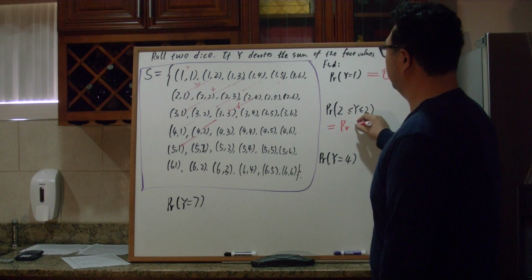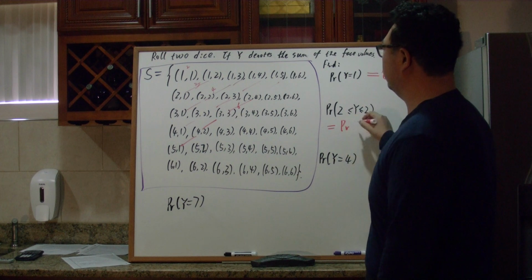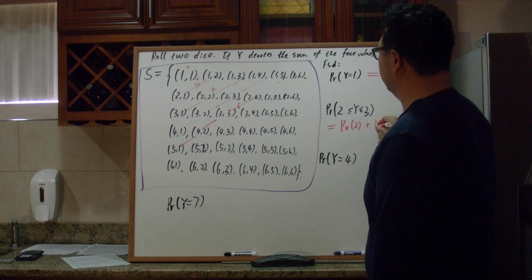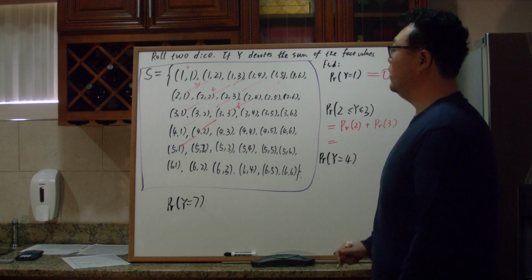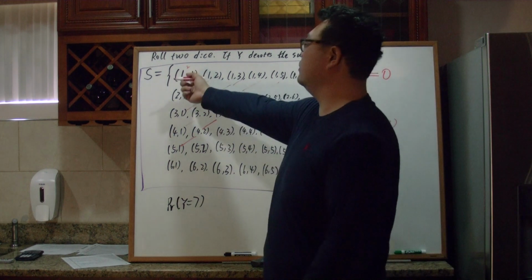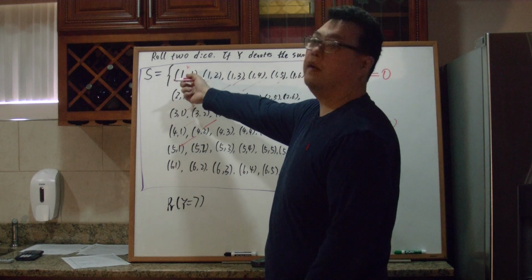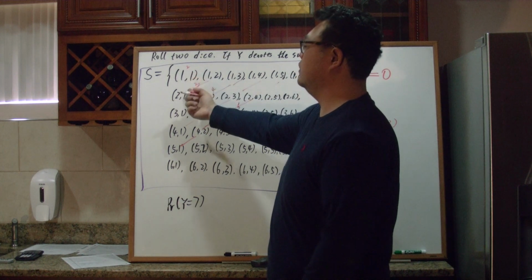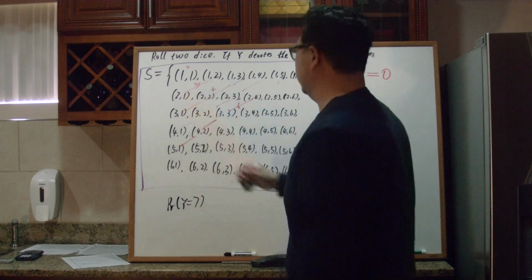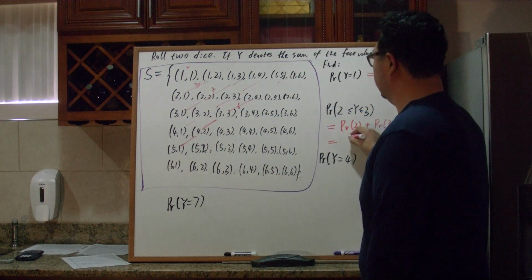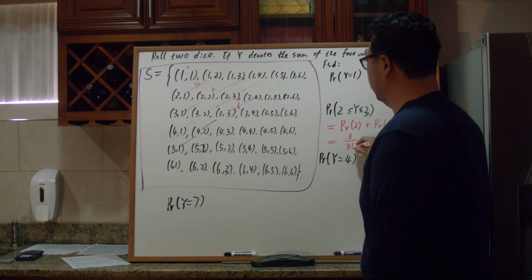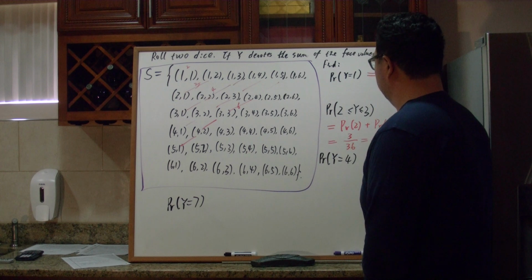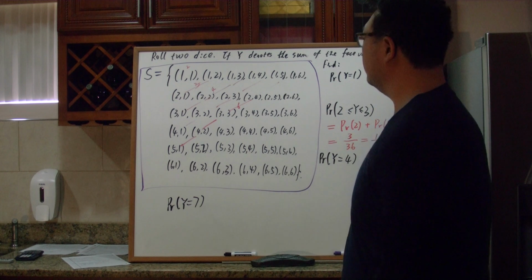To have the sum between 2 and 3, that's simply just to have the sum is 2 or is 3. The sum is 2, we get just one value, 1,1 only. The sum to be 3, that's 1,2 and 2,1. So that is 3 out of the 36 outcomes, 1/12.